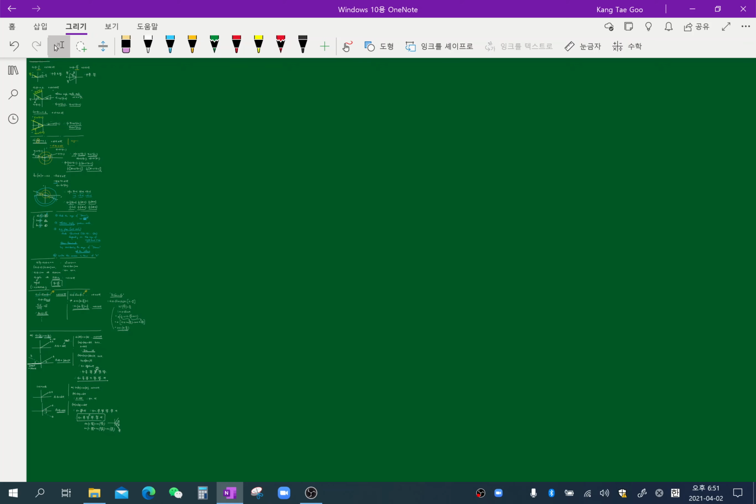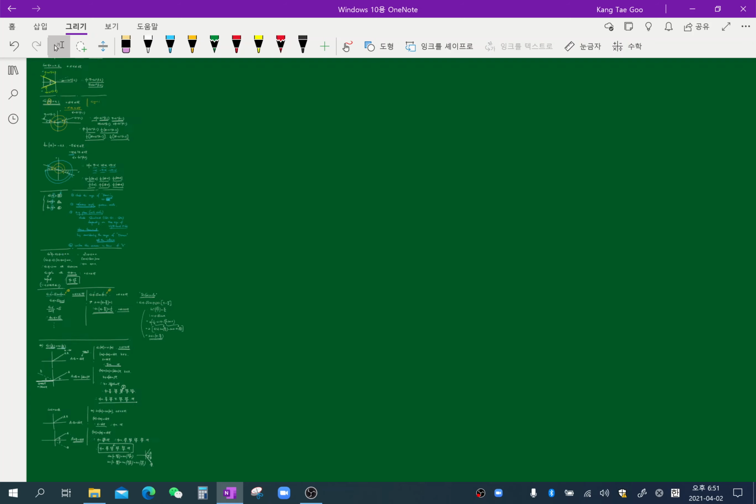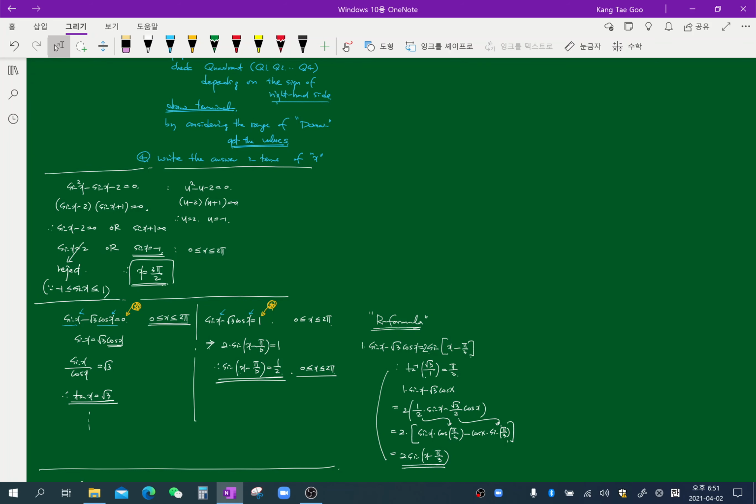Then the last one, okay, is a kind of complicated form of the trigonometric functions, advanced form. The first thing, sine plus cosine goes to be zero case, and then another case is sine and cosine goes to be non-zero. In that case, we should use the R formula.